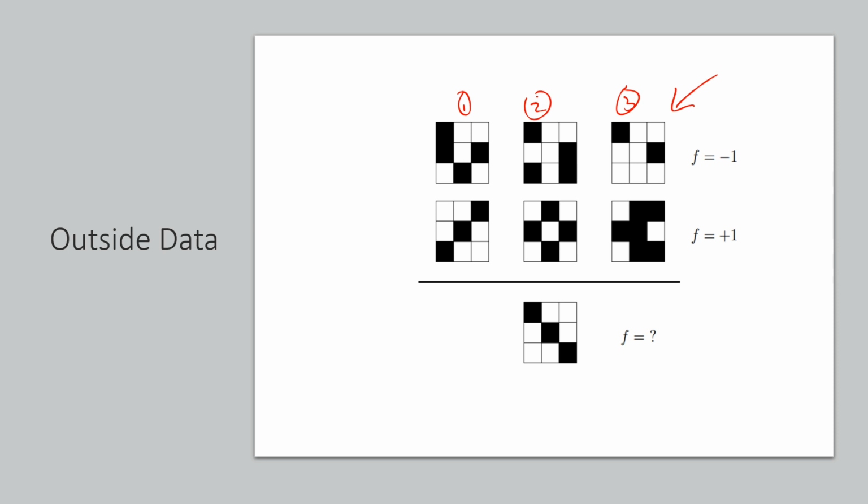And the inputs in the first row have f of x, my outcome, as -1. The way this is given to us is that when my inputs are like this, my target function is -1.